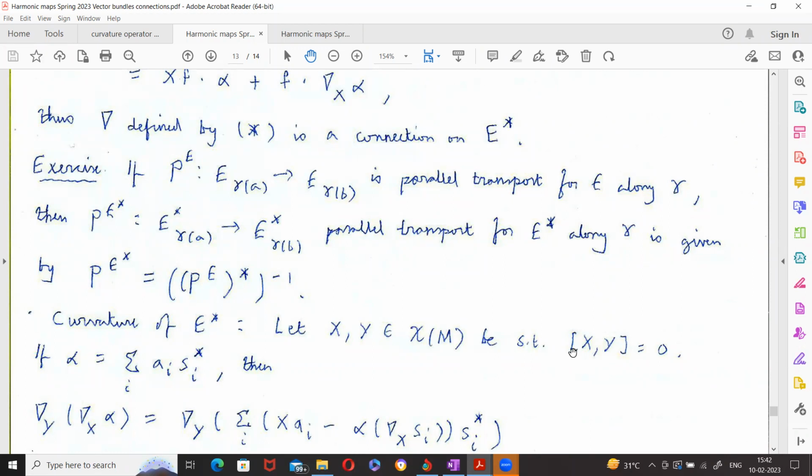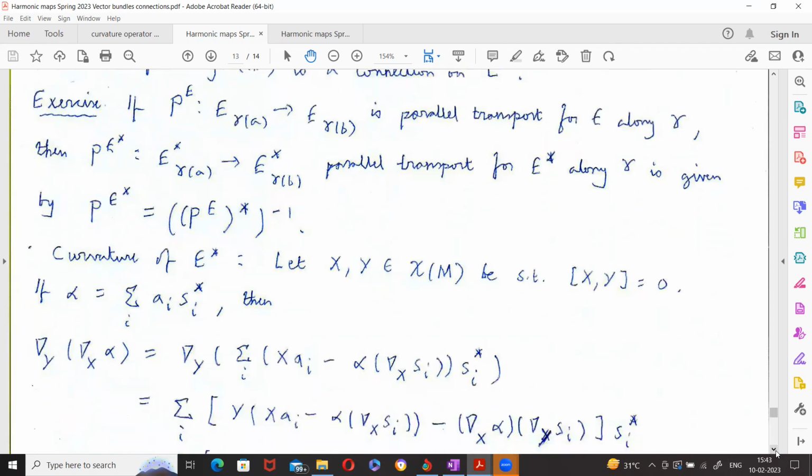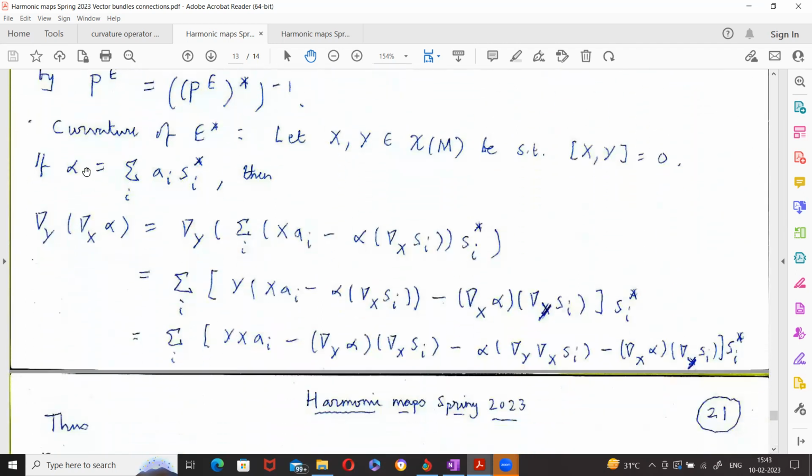We know that the curvature only depends on the values of X, Y at the point P, so we can choose them so that they commute. So let's take a section alpha, which, with respect to the local dual basis Si star, is the summation Ai Si star.